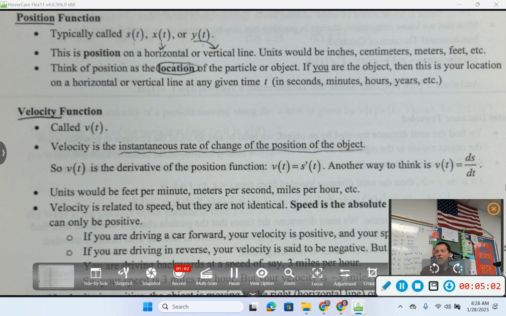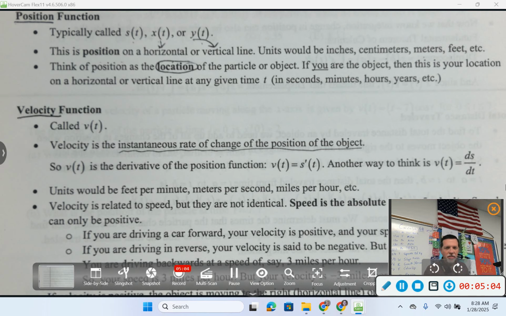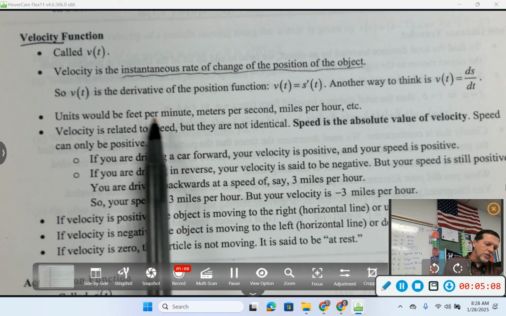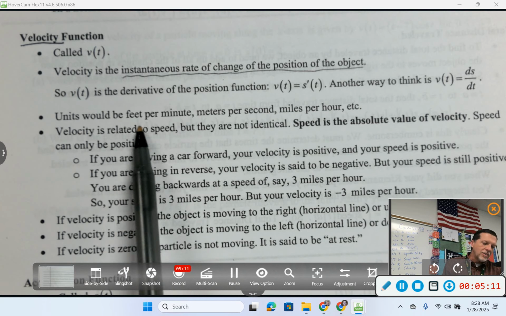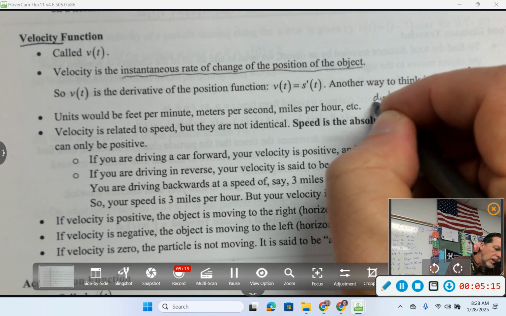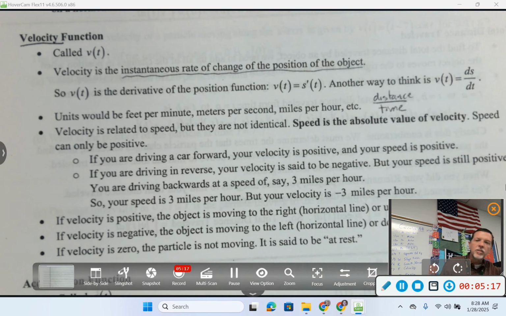And we've done that already. We tested over that last semester. Units would be, like you know velocity units, anything distance over time. So feet per minute, meters per second, miles per hour, any combination of distance and time you like.